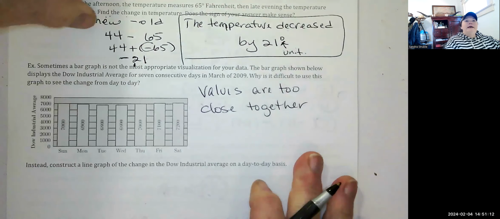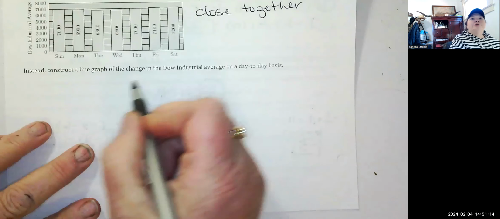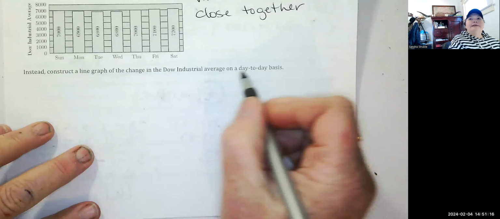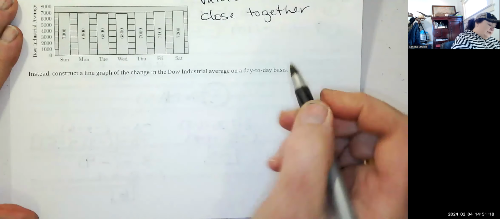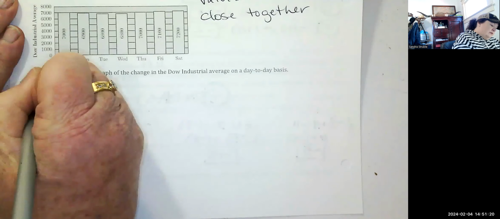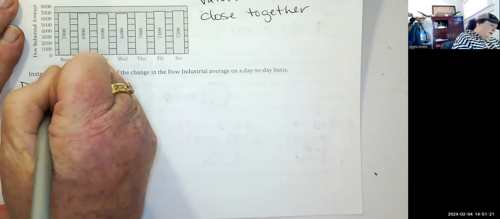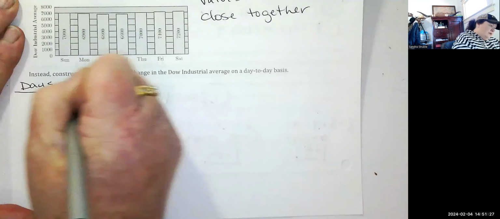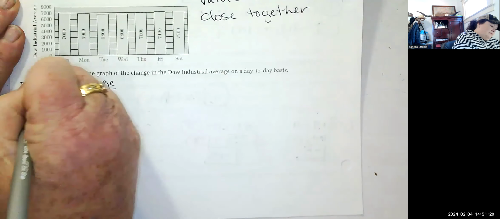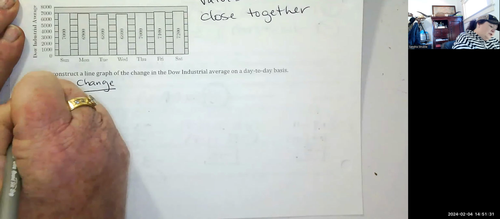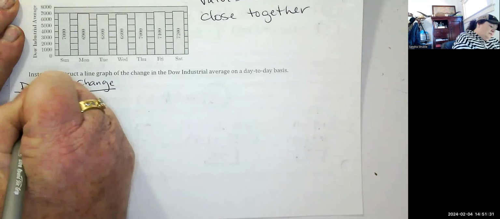Okay, so instead, let's construct a line graph of the change in the Dow Industrial Average on a day-to-day basis. All right, so let's go with days and change. We're going to have to calculate the change on these. So we're going to have Sunday to Monday, Monday to Tuesday, Tuesday to Wednesday, Wednesday to Thursday, Thursday to Friday, Friday to Saturday.